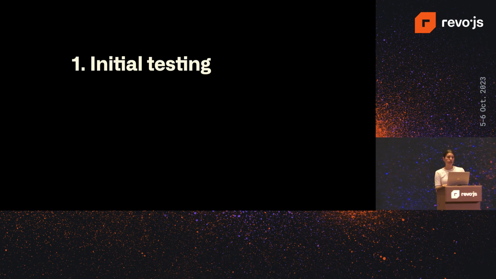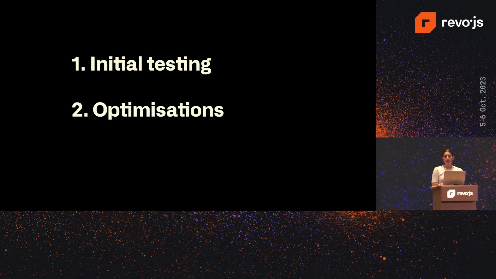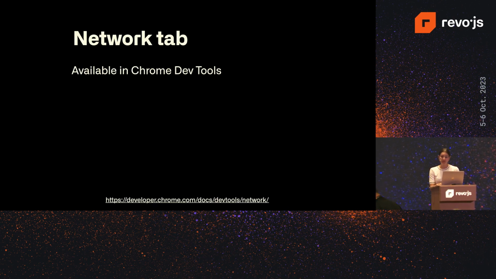After we did initial testing and we have more or less an idea of what is going on and where we stand when it comes to performance, then it's time for some optimizations, which you can do using mostly Chrome DevTools, because I think they're the top tier when it comes to testing performance. First of all, there's the Network tab, as mentioned, available in Chrome DevTools.